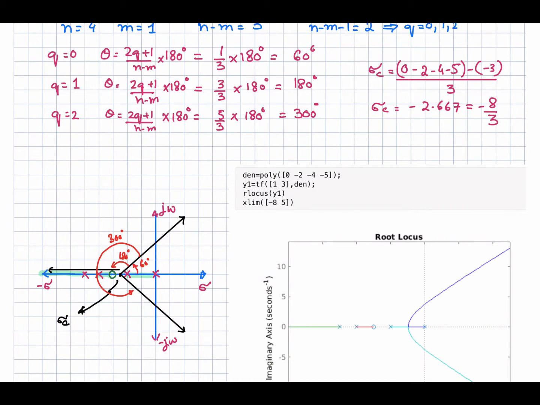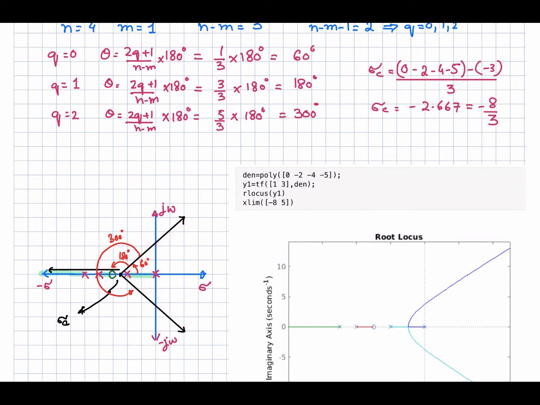Over here you can see that this pole will move toward this zero, right? This pole will move toward infinity along this asymptote, which is at the angle of 180 degrees. These two poles will first move over this real axis, and then they will depart from this real axis and move toward infinity along these asymptotes. So their zeros are sitting at infinity.